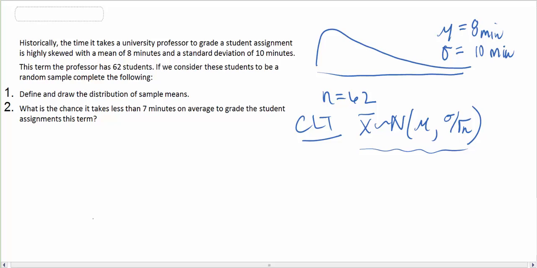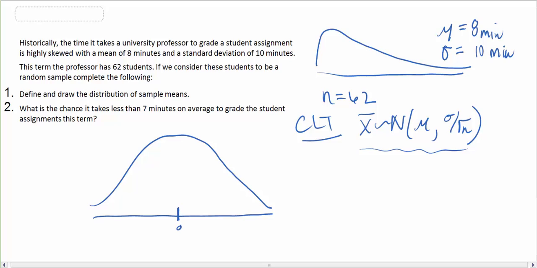What this means to us is that we have a normal distribution that looks like this, centered at the population mean, 8 minutes, and then our sigma of x bar is equal to sigma over the square root of the sample size. So we have to account for the sample size. Recall, as n gets larger, the more normal our distribution will be, and the spread of our distribution will be smaller.